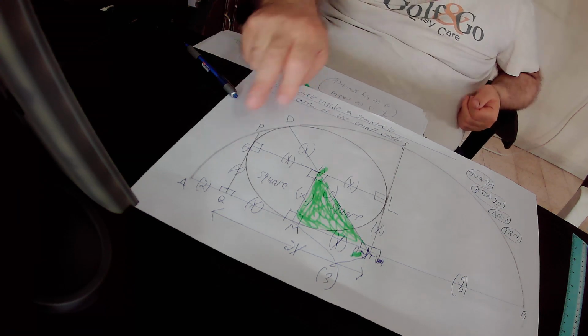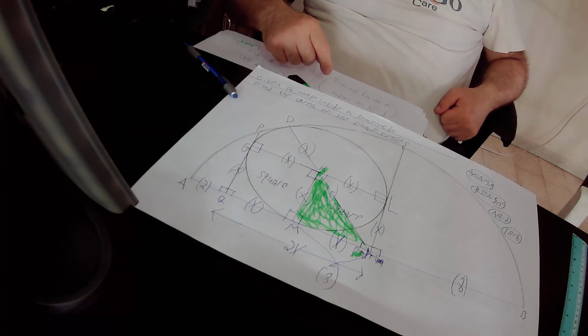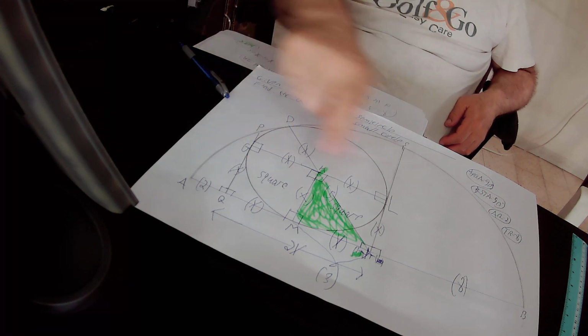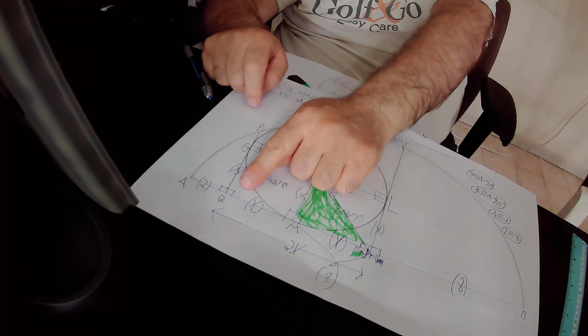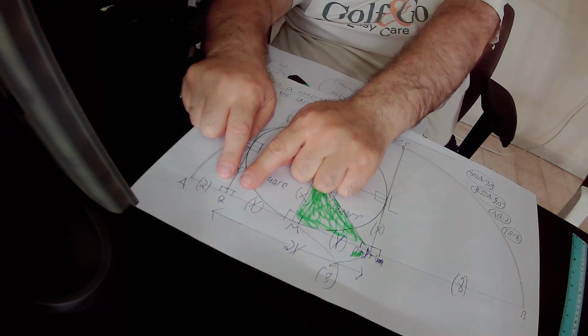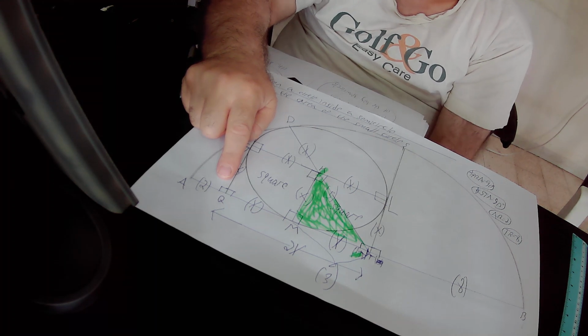So if you focus on the upper side of the straight line AB at point Q, the sum of the angles must be equal to 180 degrees. Which angles do we have on the upper side of AB at point Q? We have this right angle, plus this missing angle. In total, it must be equal to 180 degrees according to rule 3. Therefore, this missing angle must be equal to 90 degrees.